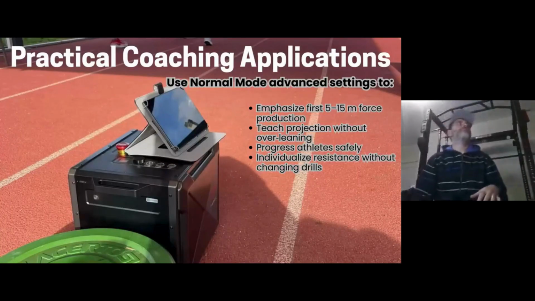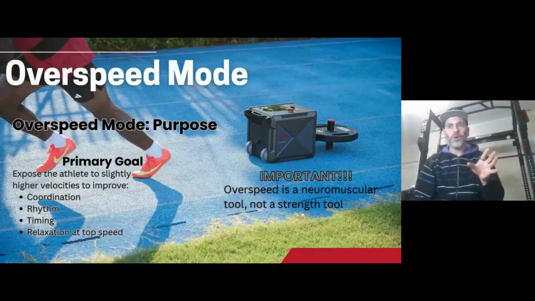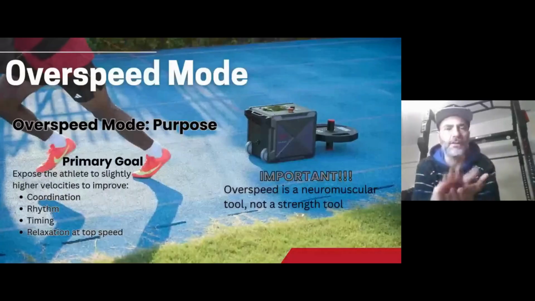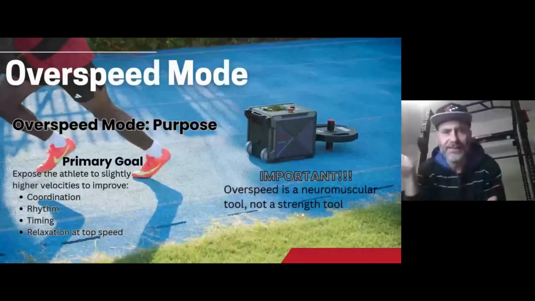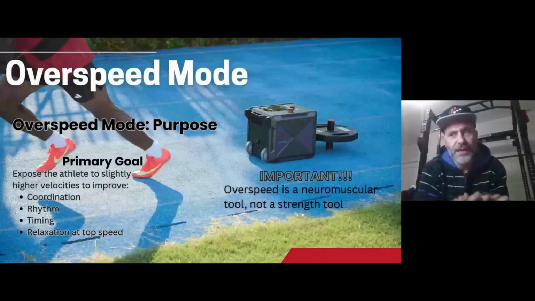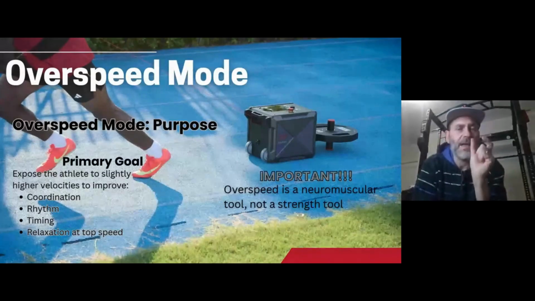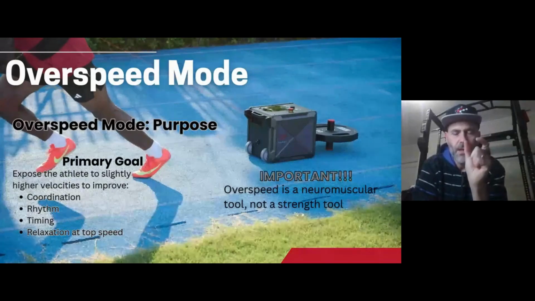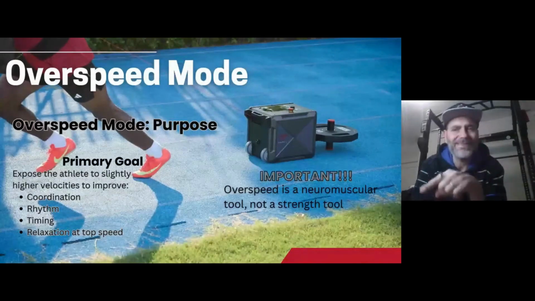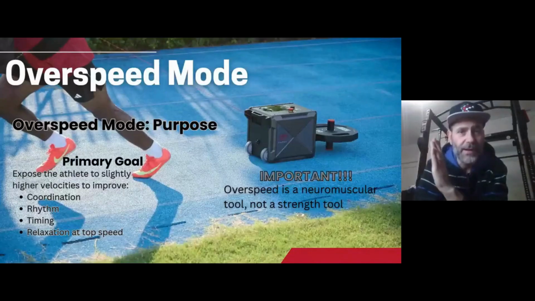The second modality that we want to focus on is the overspeed mode. Overspeed mode is going to target max velocity development. And unlike acceleration, max velocity is not limited by force production, okay? Max velocity is limited by coordination, timing, and the ability to maintain stiffness and relaxation at very high speed.